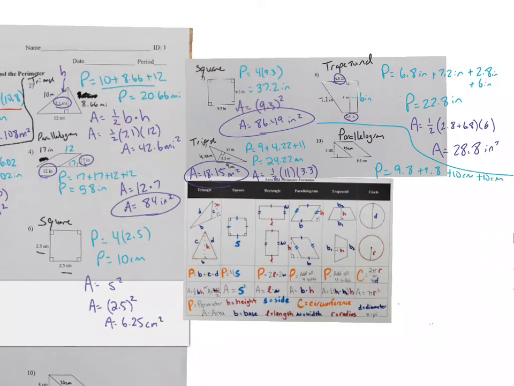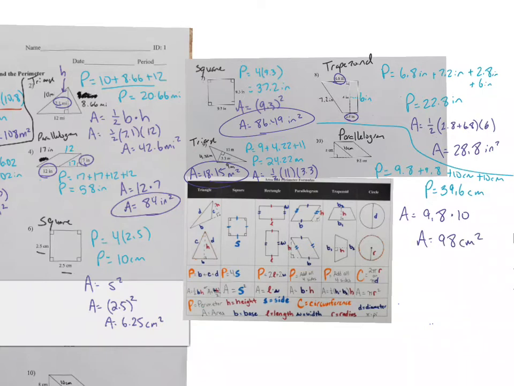So it's going to be 9.8 and 9.8 is 19.6, plus 10 is 29.6, plus another 10 is 39.6. And it is centimeters. Now my area is equal to 9.8 times 10. My area is equal to 98, and it's square centimeters.